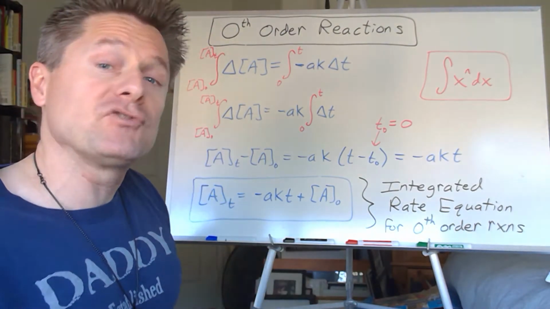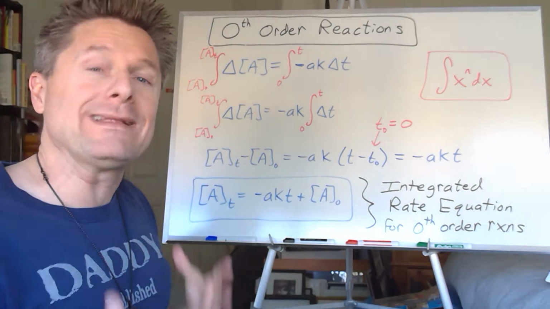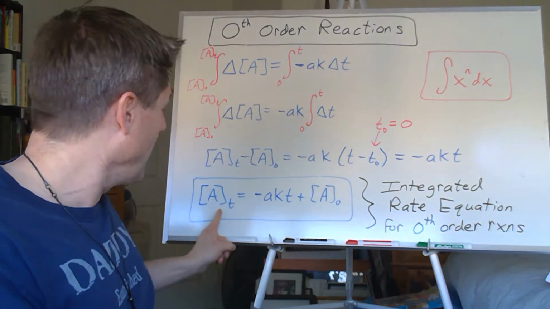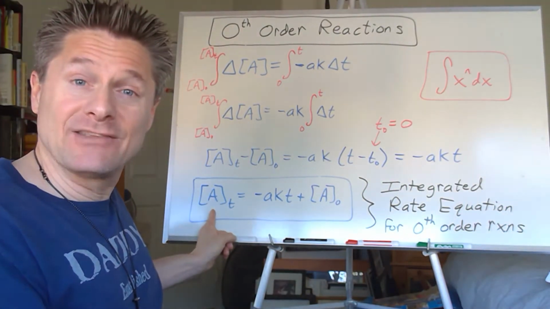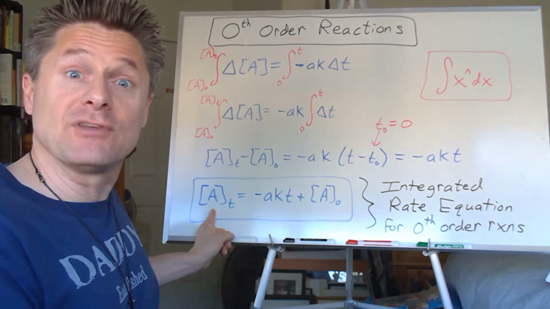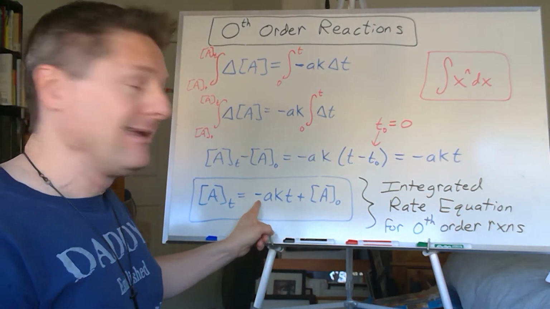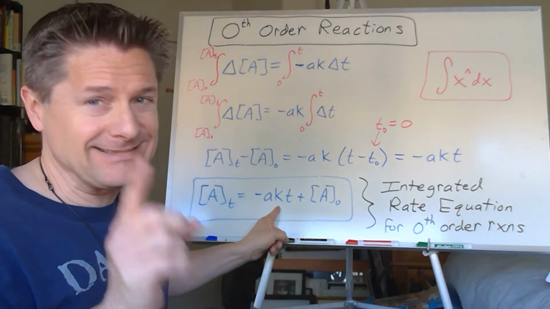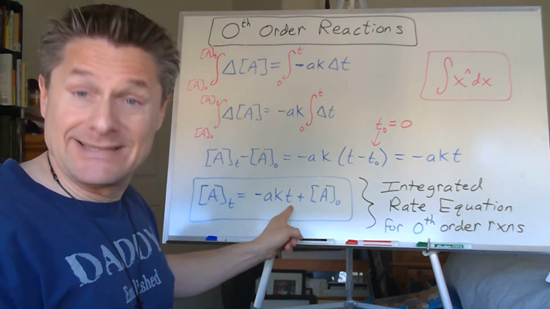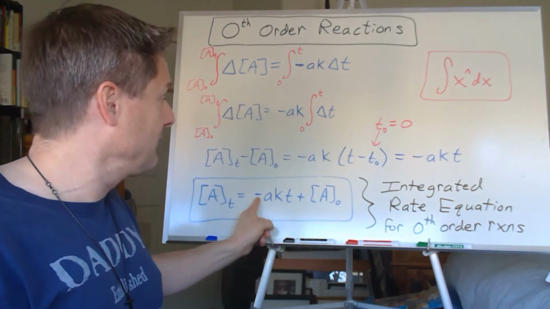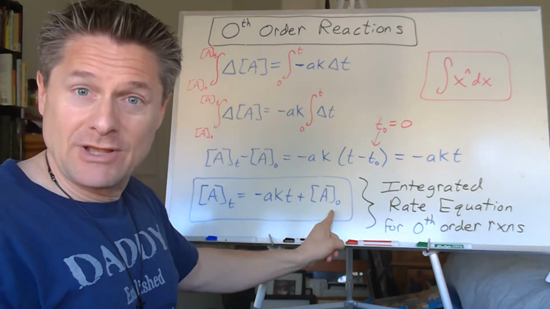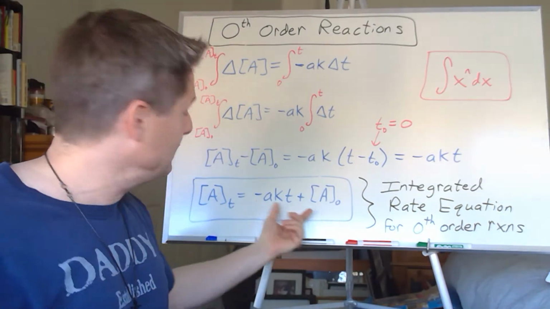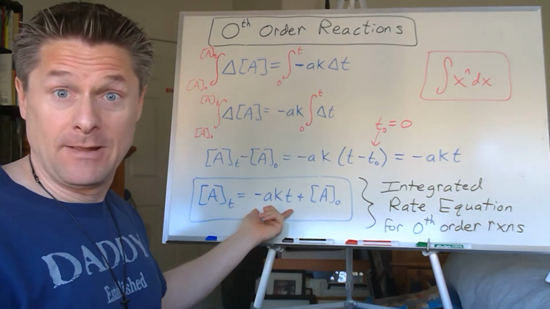Probably the most common calculation we do is, what's the concentration of this reactant after a certain amount of time has elapsed? Well, A sub t, that's the concentration, whatever units you have, after some time has elapsed. That will be the negative of the coefficient from the balanced equation times the rate constant, it's important to know that, times the time elapsed, see the negative term, plus the initial concentration. So you're taking the initial concentration and reducing it by this factor.